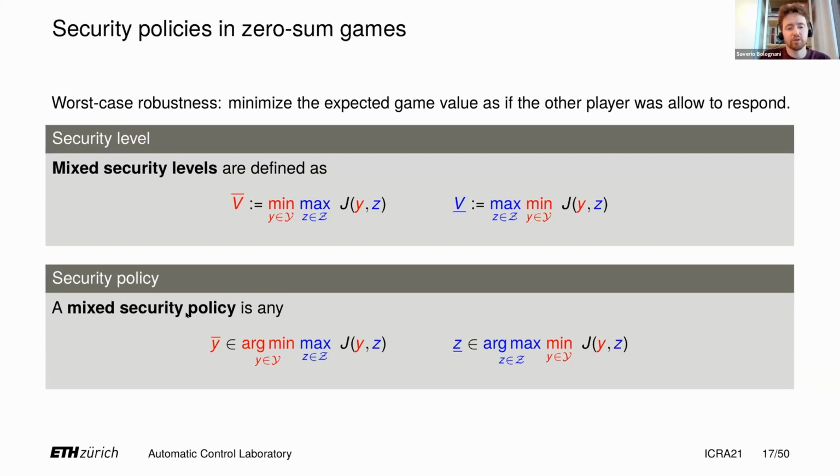And the mixed security policies are just mixed strategies that achieve these two. So the y-bar is exactly the argmin of this min-max, and the z-bar is the argmax of this max-min operation. These seem very conservative. This is like what you can do if you cannot play simultaneously. You need to announce your decision and then see how the other responds.